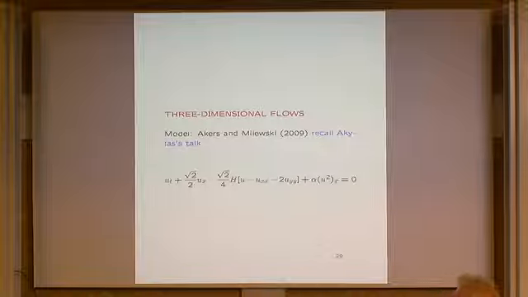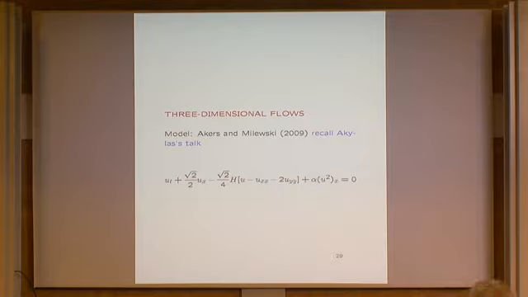To do that, we simplify our life by using a model equation derived by Akers and Milewski. I'm not going to go through it because it was described by Aquilas yesterday. You might recognize this equation. u as a function of x and t is the elevation of the free surface. It is the equation he was using, with two simplifications: yesterday there was a forcing and also a term to model dissipation.